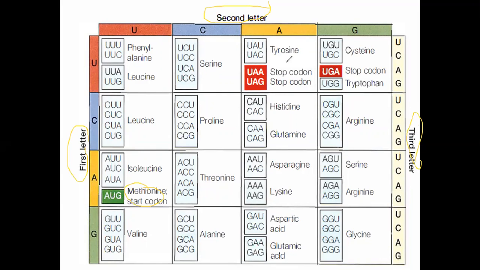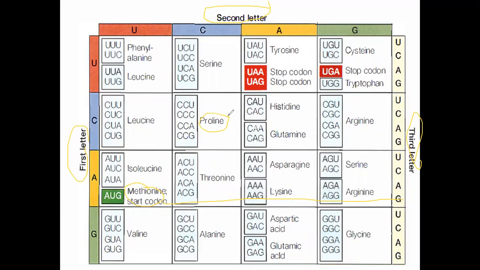The second letter is U. If you look at the second letter, you can see that U is here. And then we have the third letter, which would be G, and that is why you have it at the bottom here. Now let's look at another example. Let's look at proline, for instance.